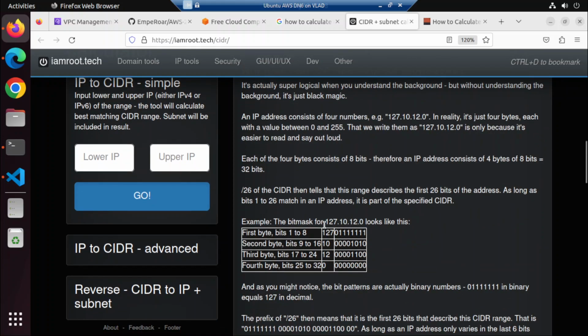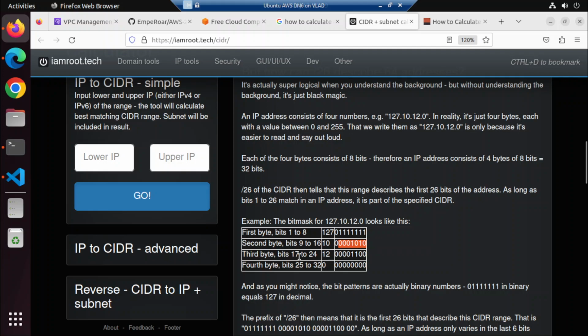The bit mask for 127.10.12.0 looks like this. First byte, bits 1 to 8, is 127. Second byte, bits 9 to 16, is 10.